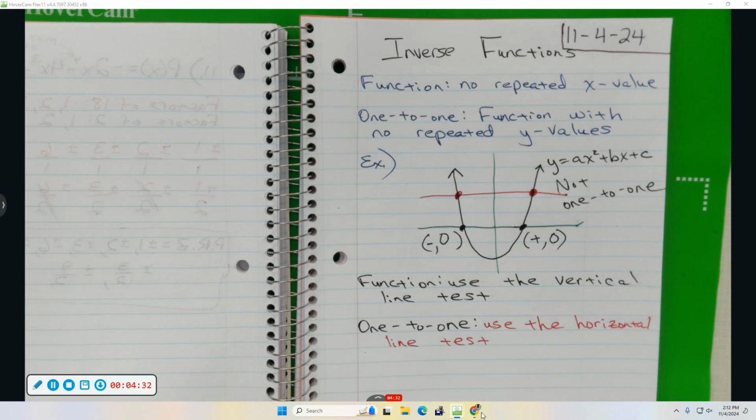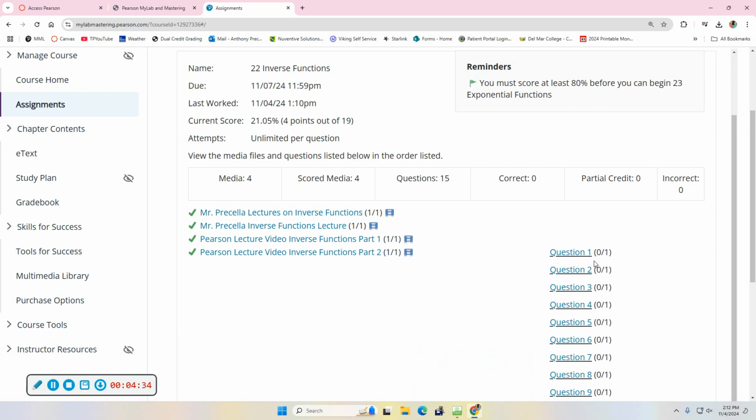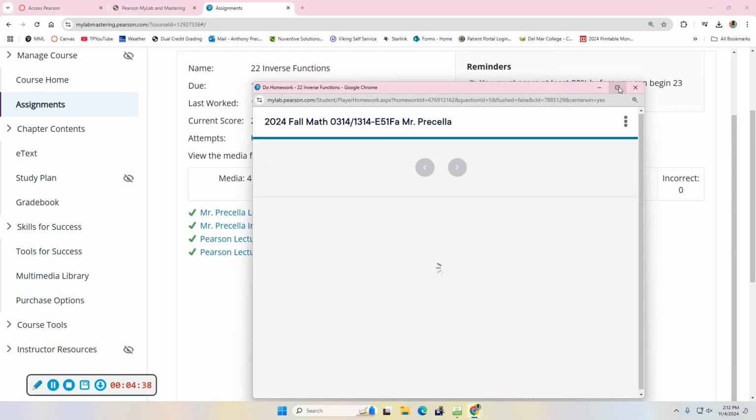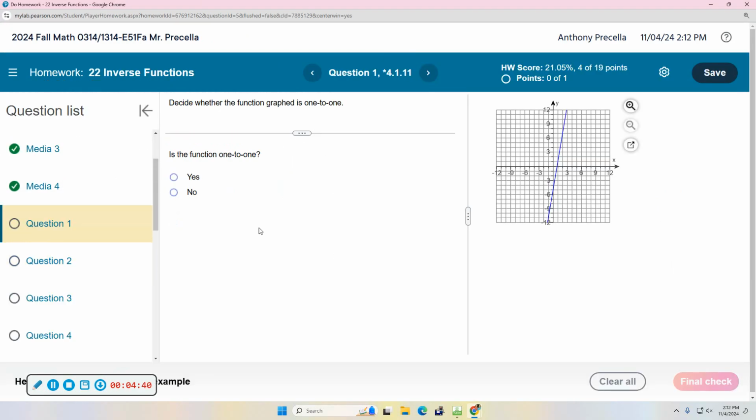Let's see. Looking at number 1. Some of these questions are pretty fast. Is this function one-to-one? This is number 1, and it's a slanted line. I'm not going to bother drawing the picture, but it's a slanted line.